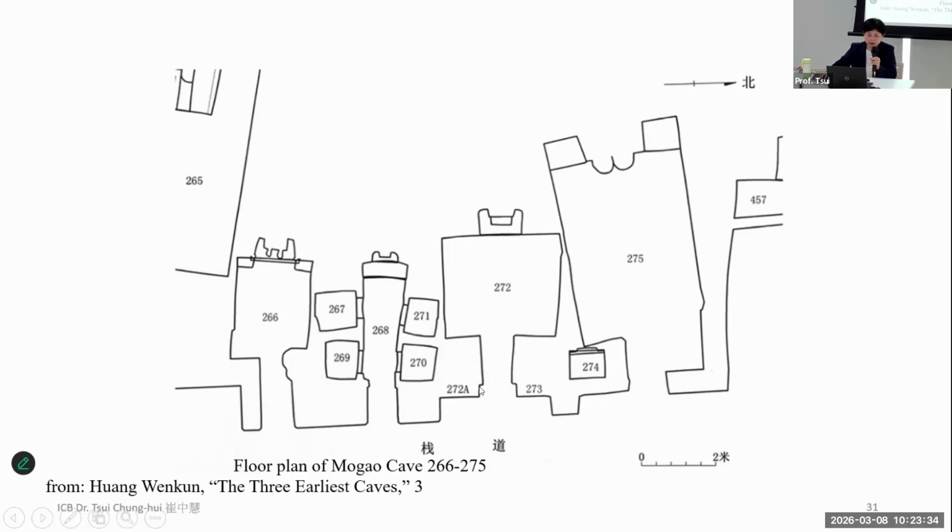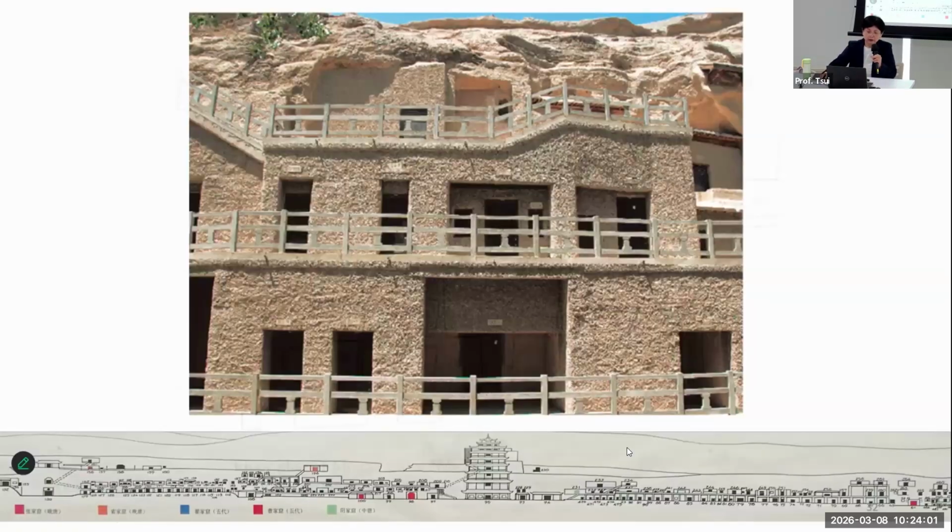But you can also see in cave 272, there are 2 small attached areas, so they were also numbered with 2 numbers. And in cave 275, besides 275, there is also a small cave with a different number. So they were built at the middle level of Dunhuang Mogao.